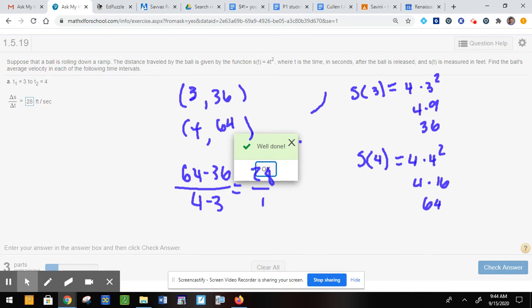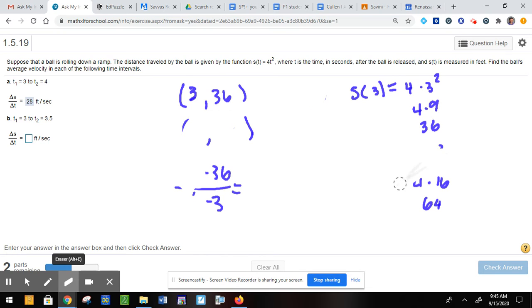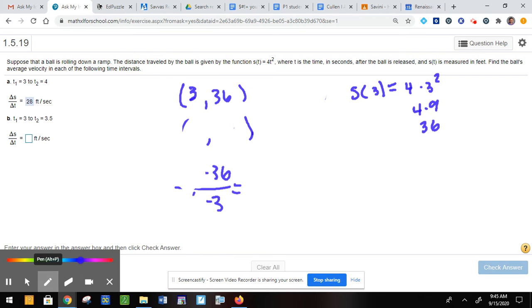Okay. Now we're going to erase just part of this because it's going to be asking us for the average velocity between 3 seconds and 3.5 seconds. We've already done the work for 3, so I don't need to redo that. So let's just erase part of this, because again, we're still doing the 3rd second.